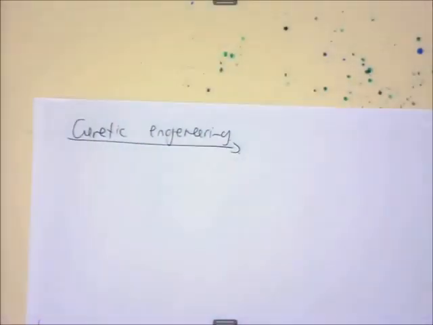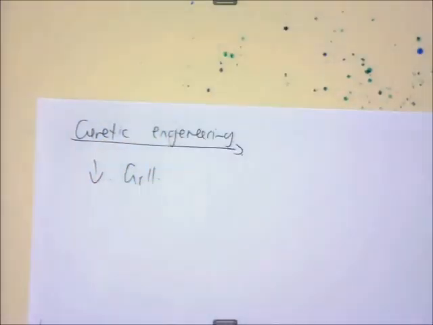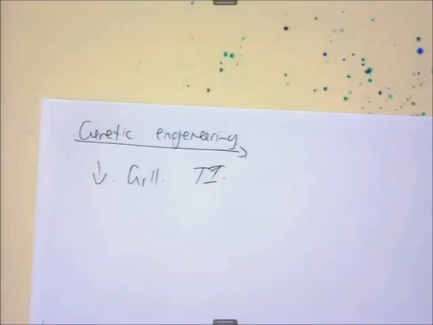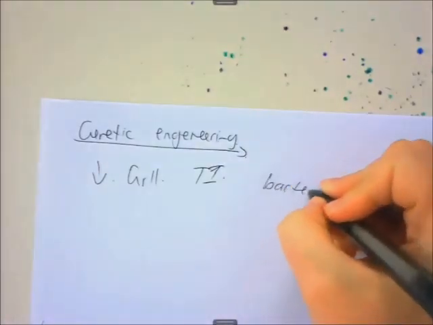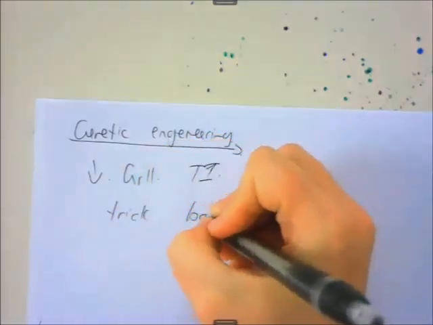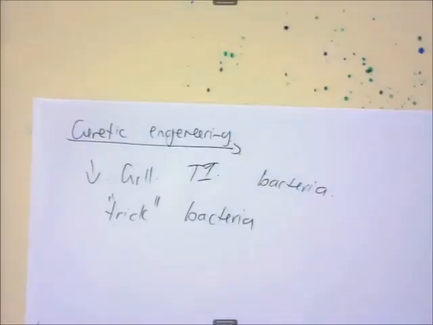Okay, genetic engineering is done in a bit more detail in matric, but it's actually not new work. If we think of genetic engineering and we think back to our grade 11 syllabus, term 1, and we think of viruses and bacteria, we actually, in that section of work, as well as in another section of work, learned that we can trick bacteria, and I use that word lightly, it's still a very scientific process, which falls under the heading of genetic engineering.